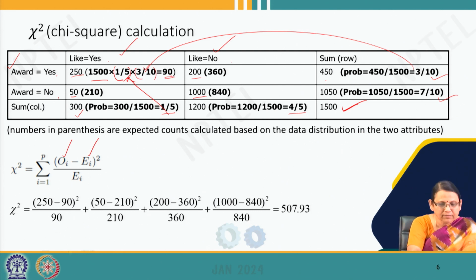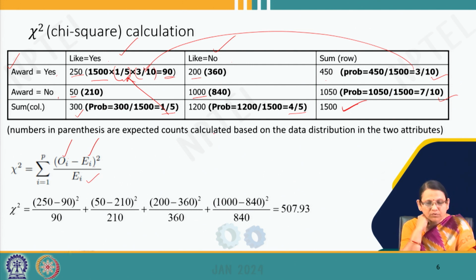So, this expected value: actual value minus expected value squared, divided by the expected value, and this is summed over all the cells in this contingency table. Now, here we have only binary variables, so we have a total of 4 cells, but it is not limited to only binary variables.